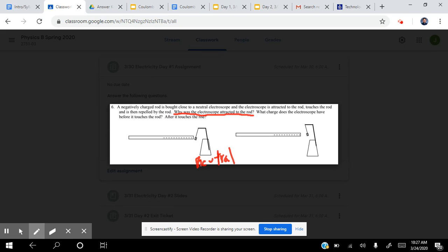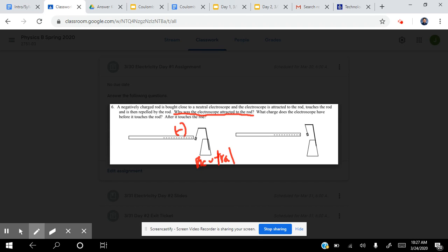At the time, the electroscope was neutral, and if this is a negatively charged rod, any charged object is going to attract neutral objects, right? Because neutral objects have both protons and electrons, so it's attracting those positive protons that are within the neutral electroscope.